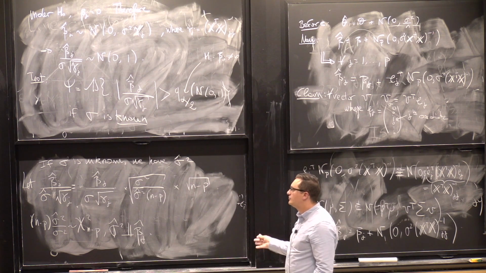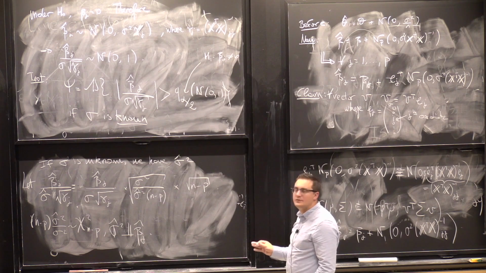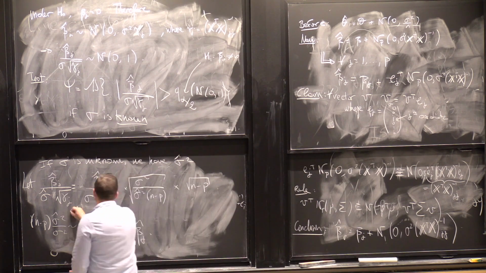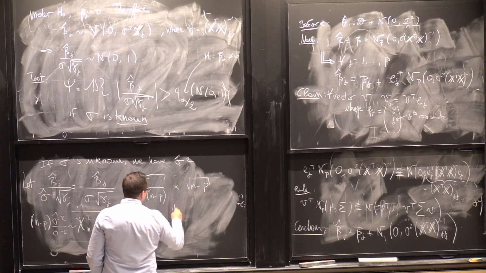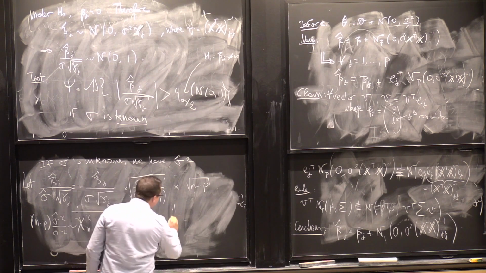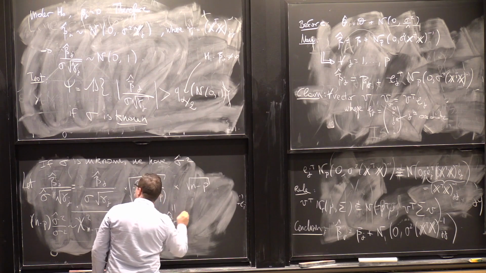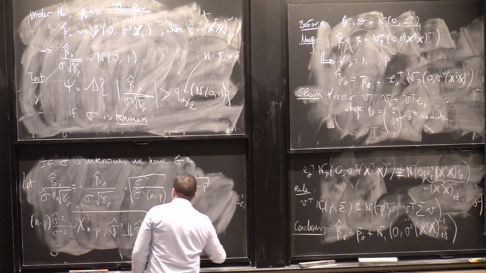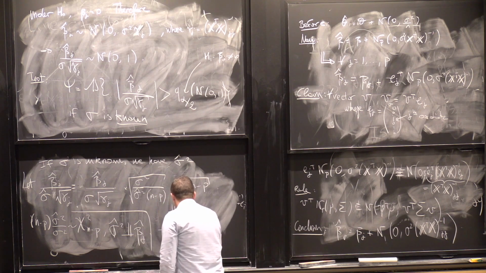OK? So this is just a tautology. I just squeezed in what I wanted. But now this whole thing here is actually of the form beta hat j divided by sigma over square root gamma j, and then divided by square root of sigma hat squared over sigma squared.